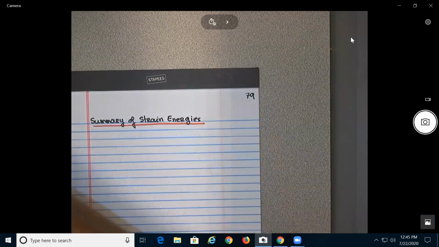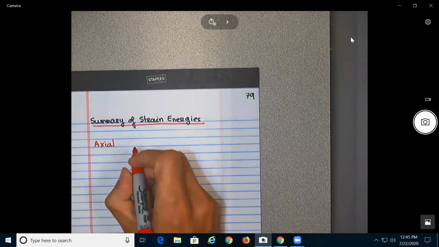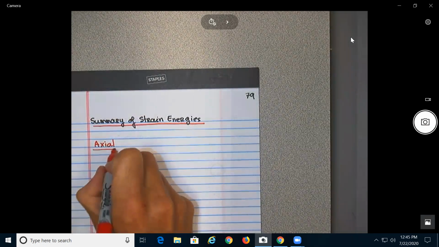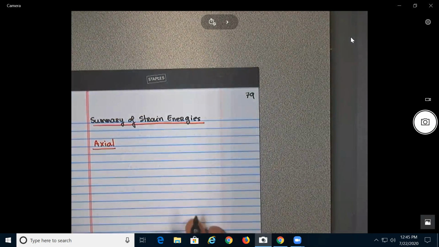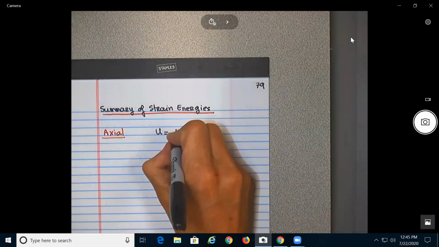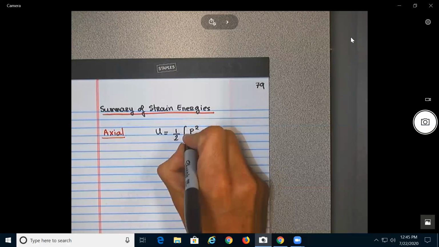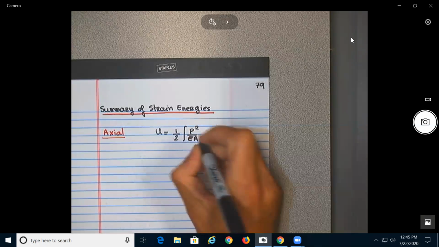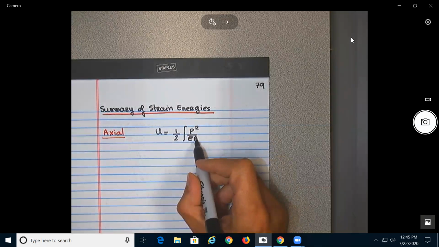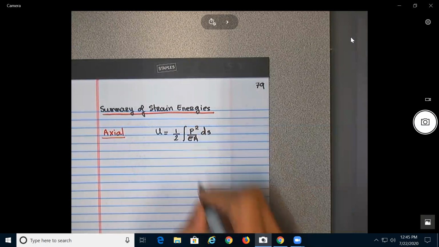So which one do we have? We had the axial, and if you pay attention, they all basically look the same thing. What do we have? U was equal to what? 1/2 P squared over EA. Because what is resisting the in-plane load will be the cross-sectional area, no? And this was ds along the length.